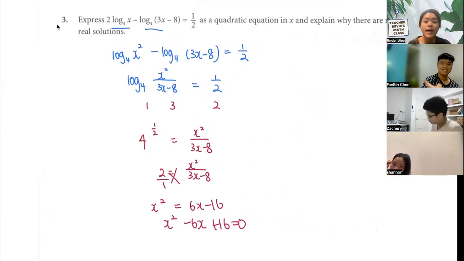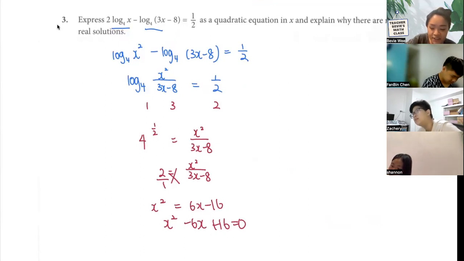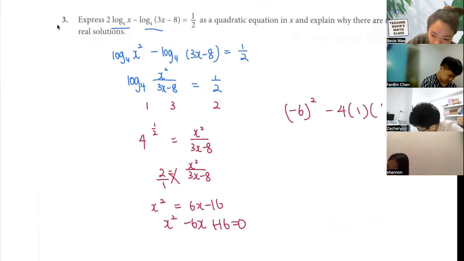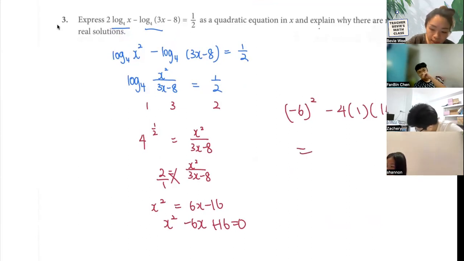No real roots means what? D is lesser than 0. Yes, correct. Very good. Your discriminant is lesser than 0. Okay, so what's the formula for discriminant? D equals b squared minus 4ac. Yes, good. Is lesser than 0. So it's b squared, which is minus 6 squared, minus 4ac.